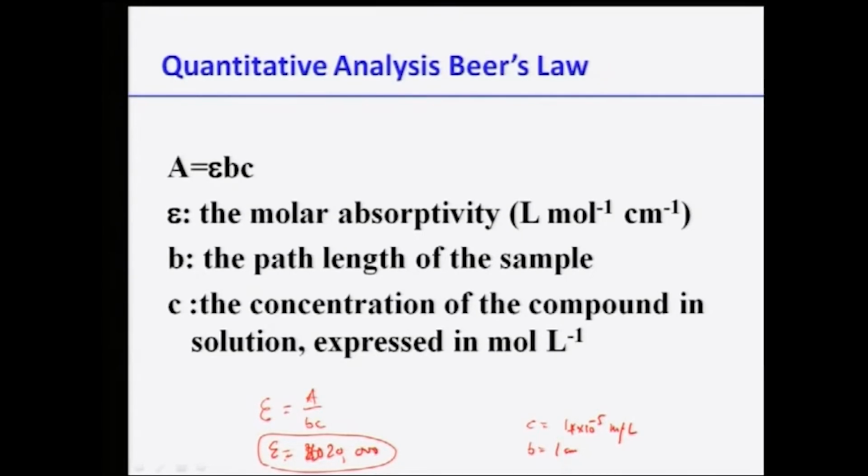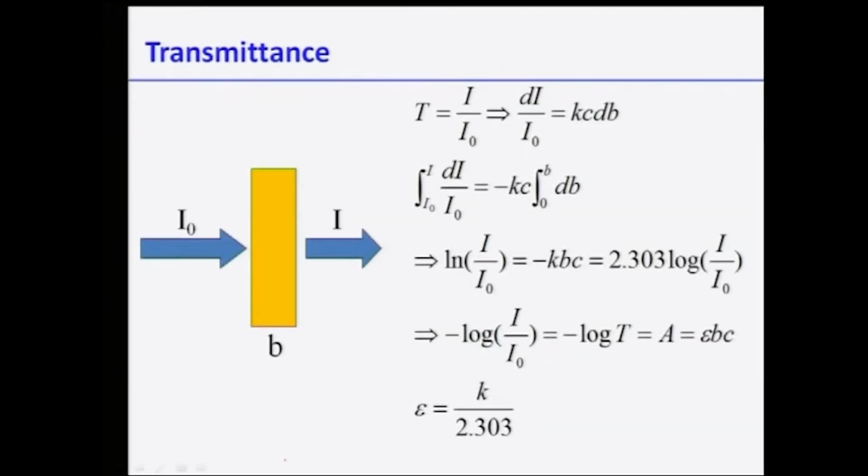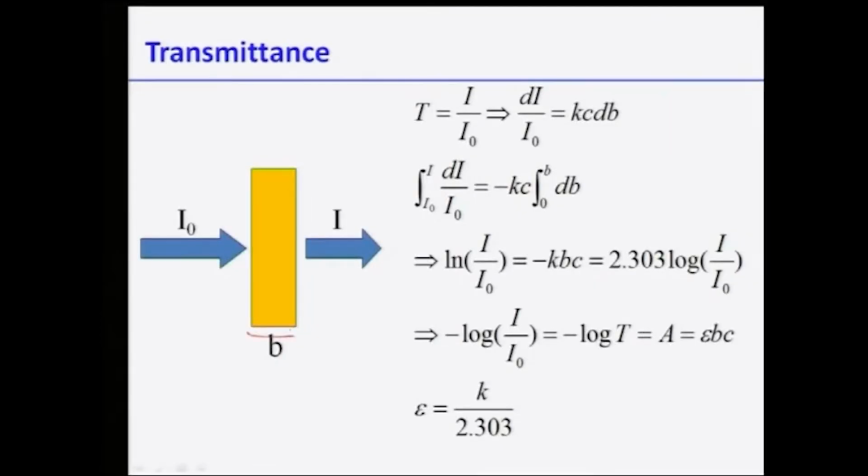absorption behavior by the molecules, and it can even be formulated this way. Suppose I0 is the initial intensity of the radiation, B is the path length, and I is the final intensity coming out. So I by I0 is proportional to e to the power of minus KcB, where K is a constant, and then one can get this kind of formula.